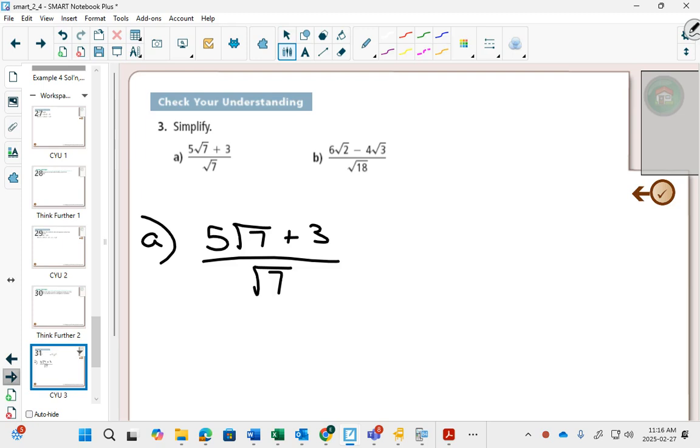Do you see we have a square root on the bottom? We do not have a rational denominator, so we need to rationalize the denominator. What could you possibly multiply by to get rid of the square root of 7? A square root of 7. And if we do the same on the top, we're multiplying by 1.